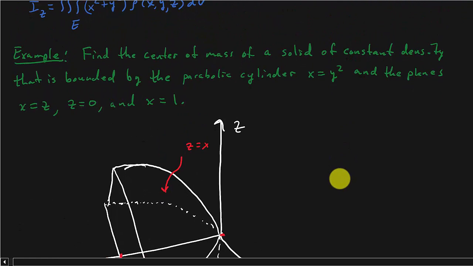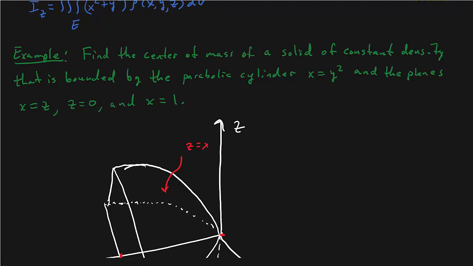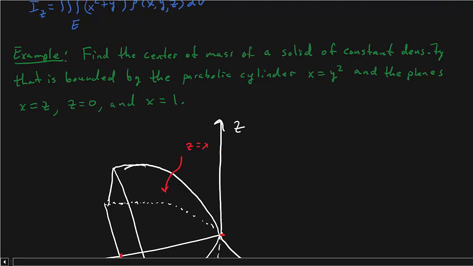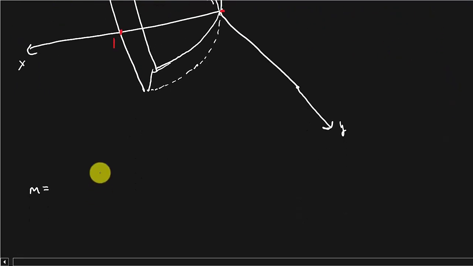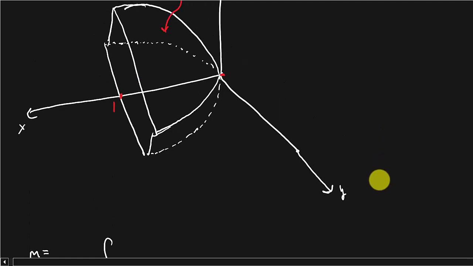We're going to have a triple integral, and let's integrate with respect to z first. I don't know if I'm going to be able to draw this very well, but we're coming up like this, from the bottom here, from the xy plane.